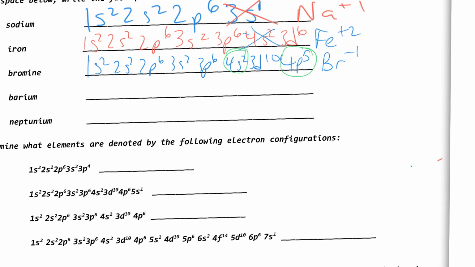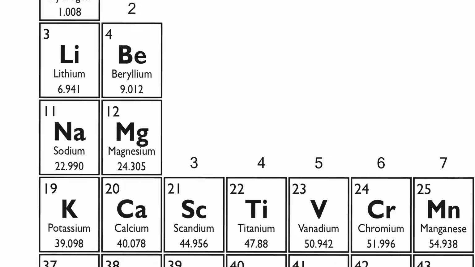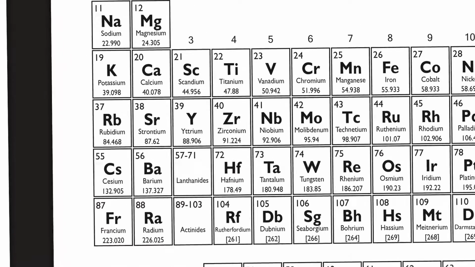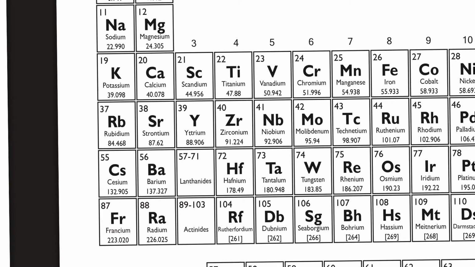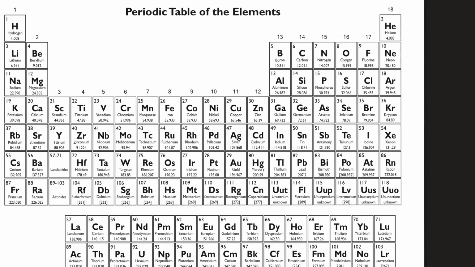All right, barium. Let's figure out where our old friend barium is. Ba is element number 56. All right, I know it says unabbreviated, but I'm going to abbreviate it. I know everything up until Xe is completely filled. That accounts for 54 of the electrons.